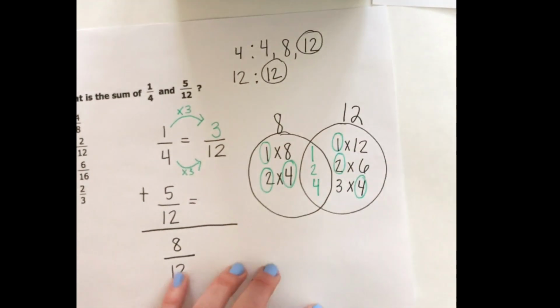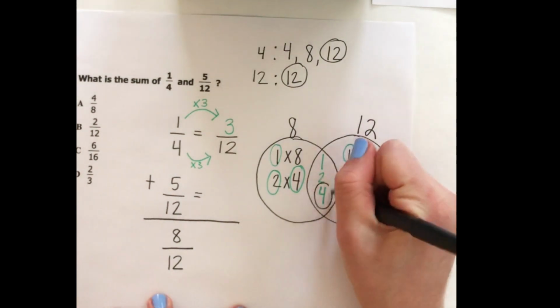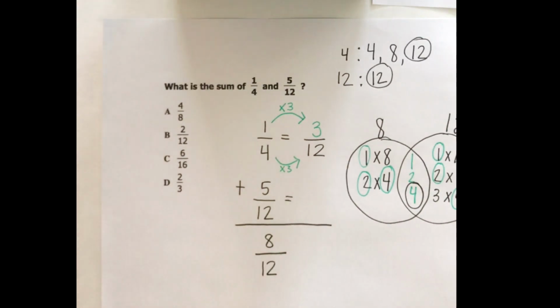Now, what is my greatest common factor, or GCF, that I'm going to use to simplify my fraction? The GCF is 4. So now I'm going to go back to my answer, 8/12, and I'm going to divide it by 4 on the numerator and the denominator.